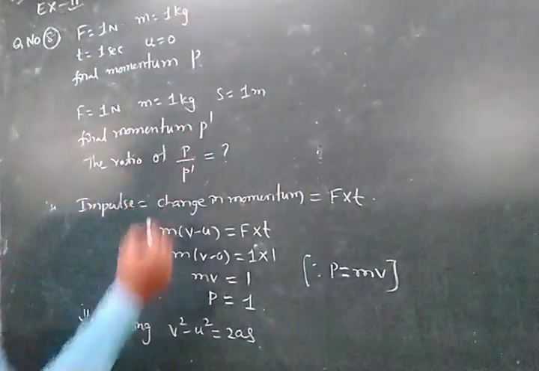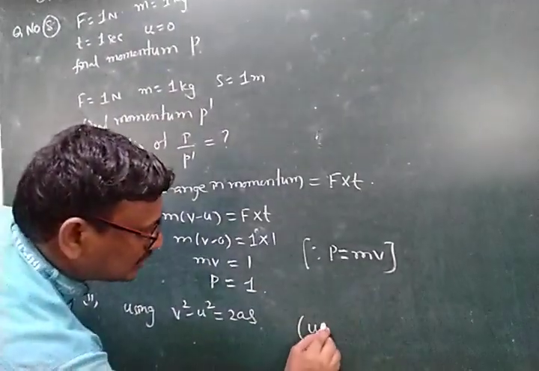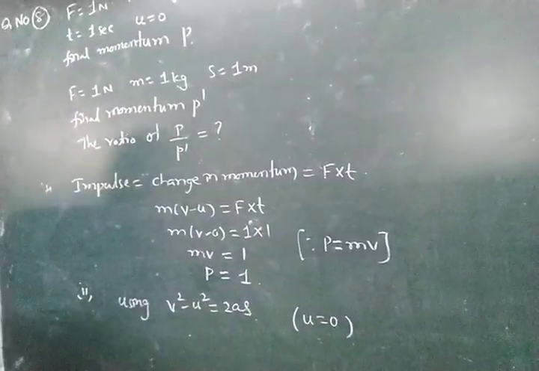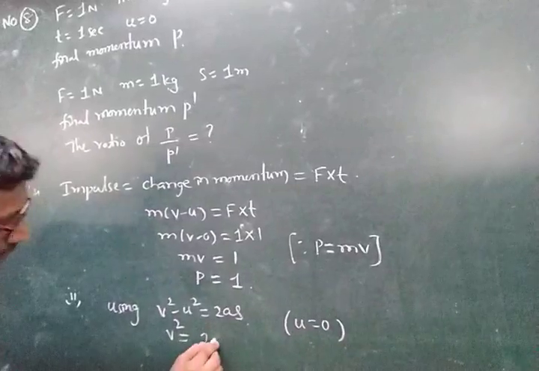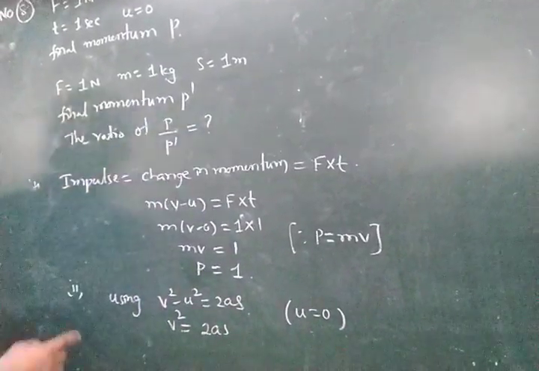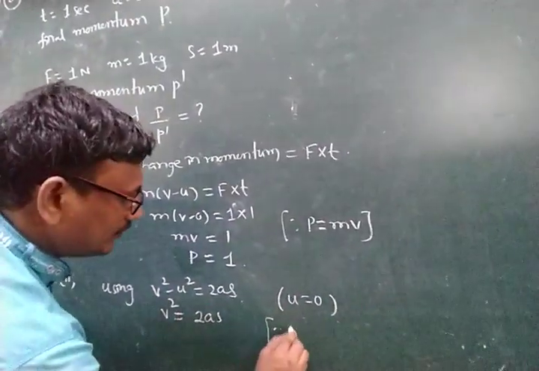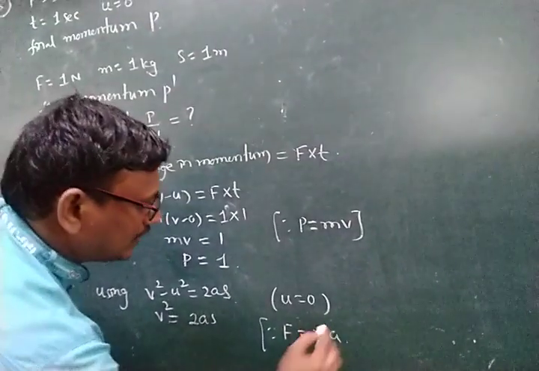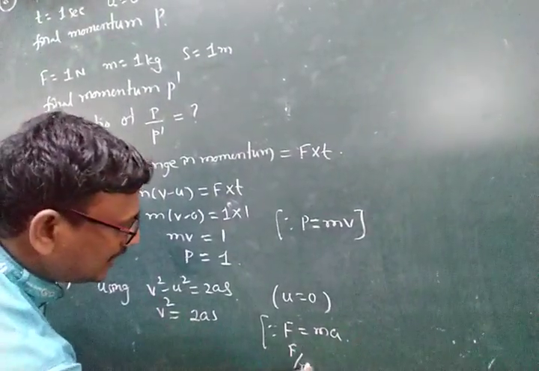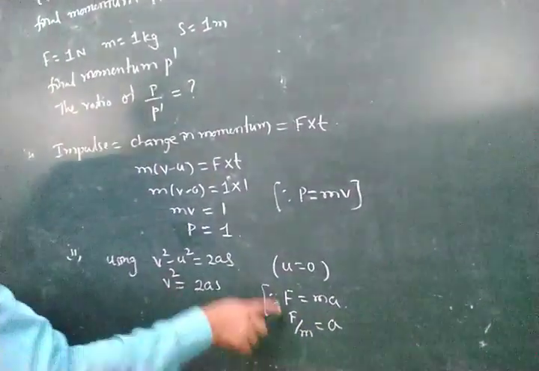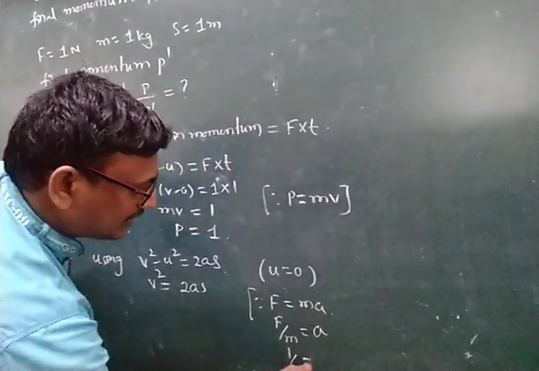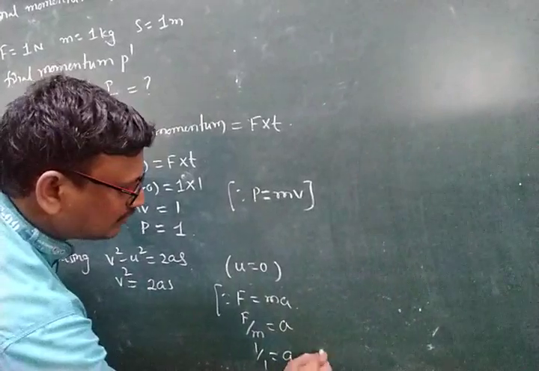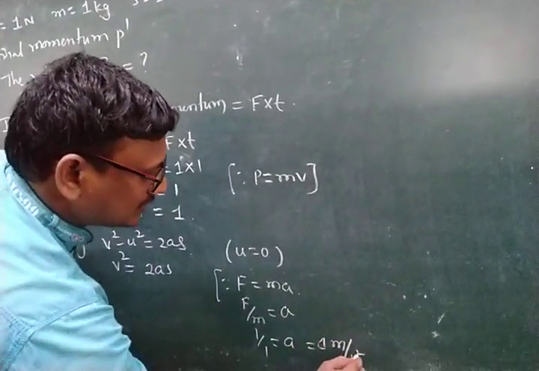Here the initial velocity u is equal to 0 because it is at rest. So v square is equal to 2 into a into s. From Newton's second law, F is equal to m into a, so F by m is equal to a. F is 1 and mass is 1, so 1 by 1 is equal to a, that is 1 meter per second square.